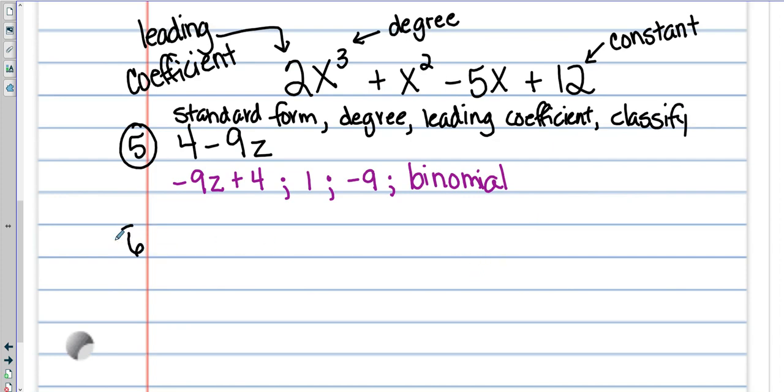Number 6, the given says t to the second power. I usually don't write my t's with the curve, but I do it with math because I don't want it to get confused with the plus sign. So t to the second power minus t to the third power minus 10t. Okay, so the directions say first put it in standard form.